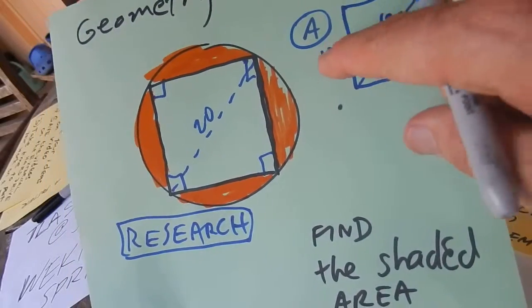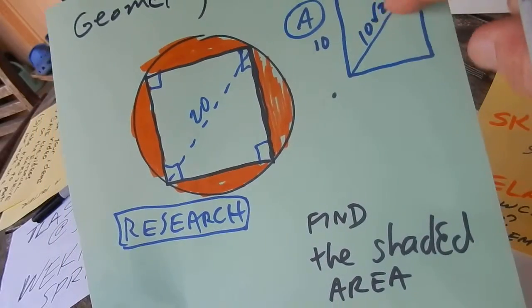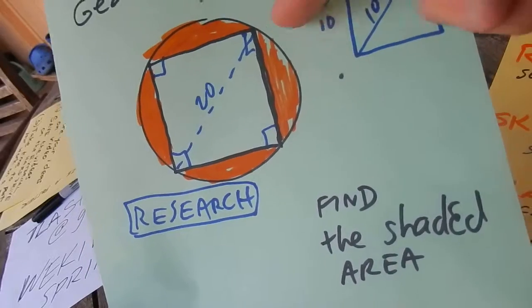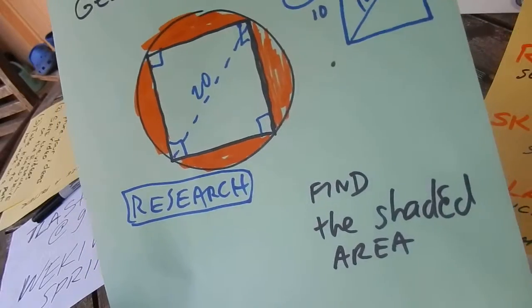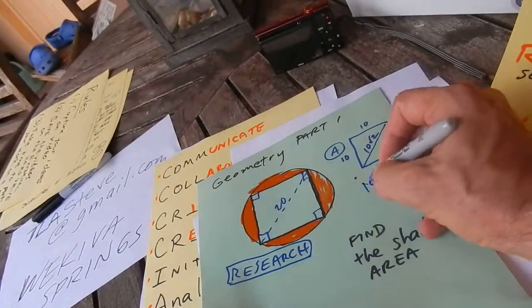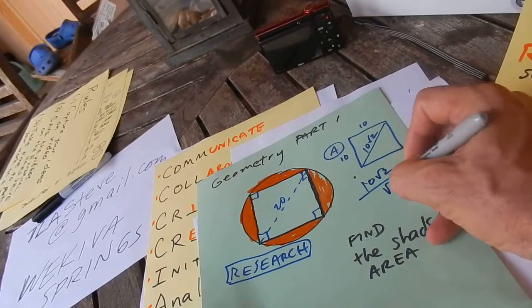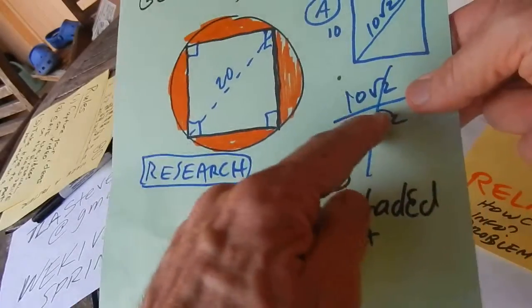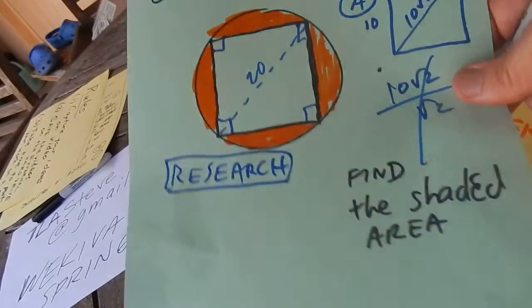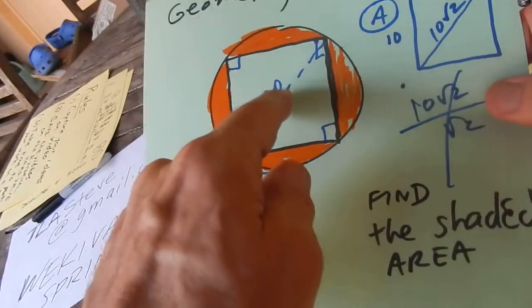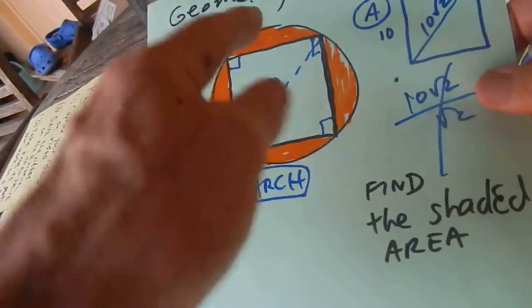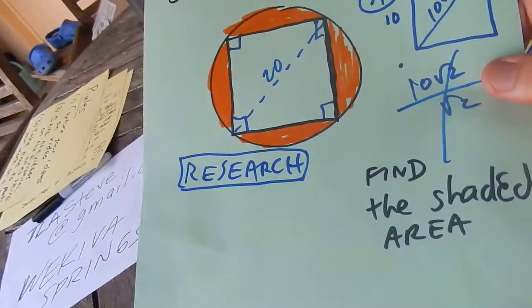Whenever you have a square, take those sides and put the root 2 there. Now, to go backwards, I would divide by root 2, right? 10 root 2 divided by root 2 will give me 10. So, if I divide 20 by root 2, I'm going to find that side there.